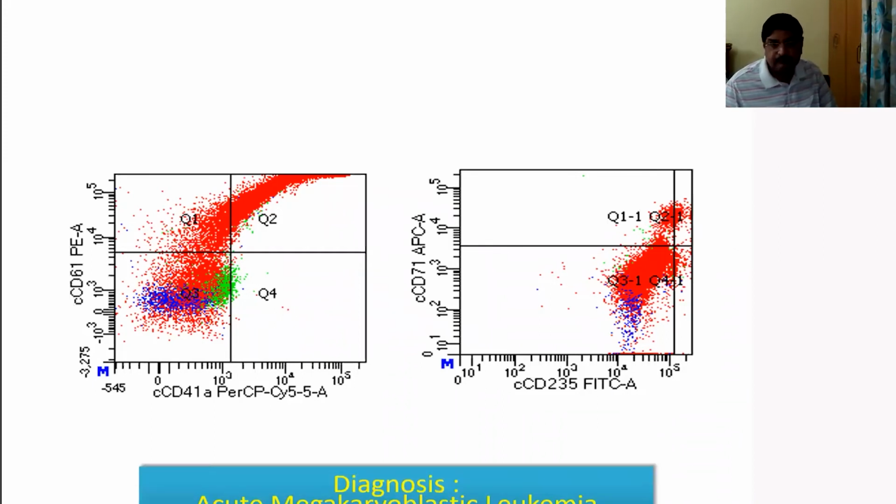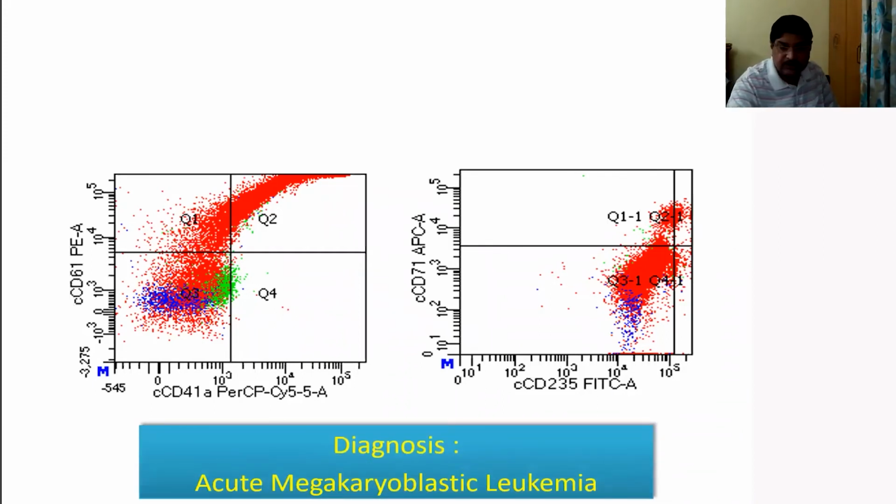Next. So it is acute megakaryoblast leukemia. In acute megakaryoblast leukemia, the blasts could be MPO negative, and it is MPO negative here. And also they could be CD34 negative, but here in this case, they were CD34 positive. It is variable because some of the myeloblasts will be positive for CD34 and the megakaryoblast could be negative for CD34.